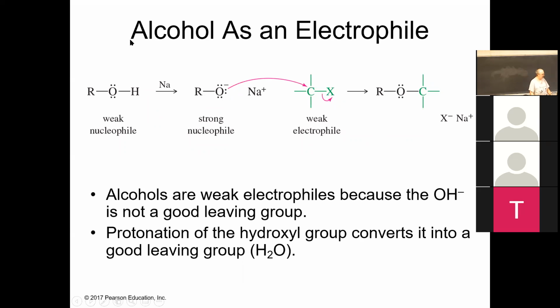Alkoxide salts are typically made using either sodium or potassium metal. This produces RO minus, which is a strong nucleophile. The substrate has to be primary or methyl, otherwise you get E2 elimination.